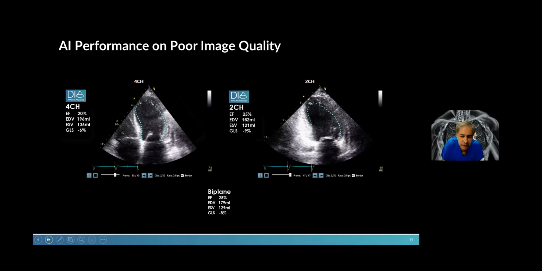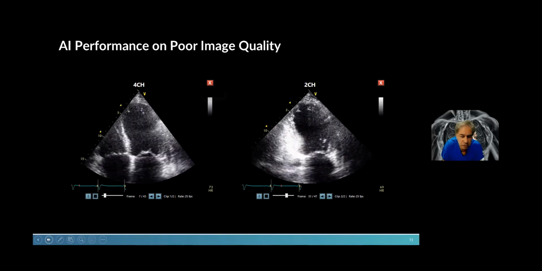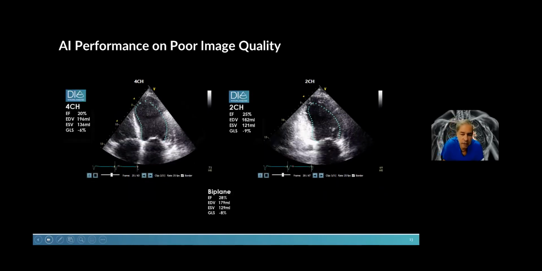This is a really nice example where the endocardial border may not be well seen and you are able to see the borders. And here again, by seeing the tracings coming on almost immediately, you can determine, do I agree with it? Do I disagree with it? And in rare circumstances, even do manual correction to really improve what you think should be the accurate quantification.